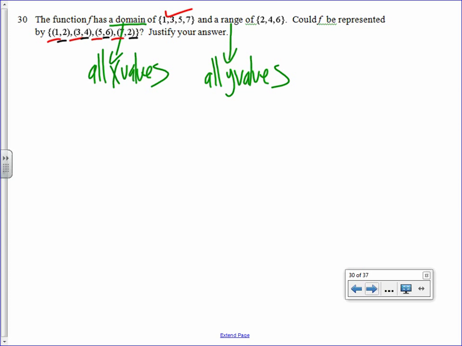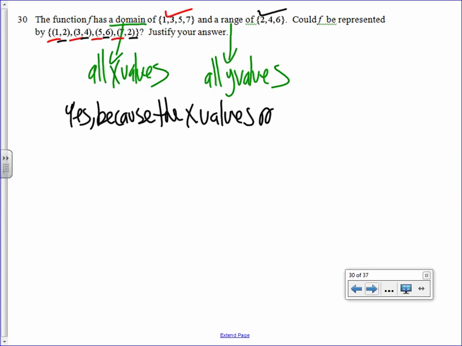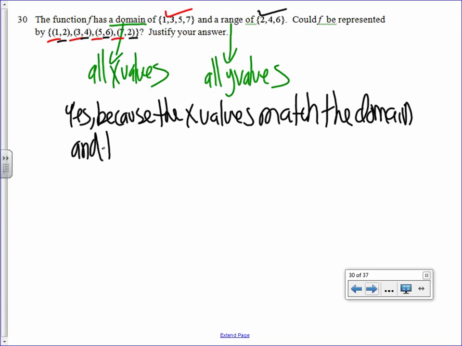So 2, 4, and 6. Yes. Justify your answer? Well, I kind of just did, but I'm going to say yes because the x values match the domain and the y values match the range.